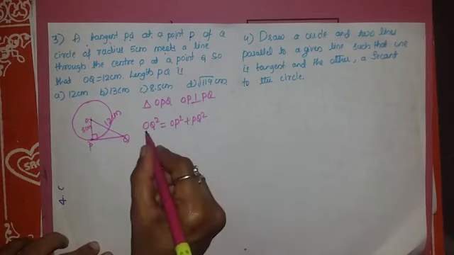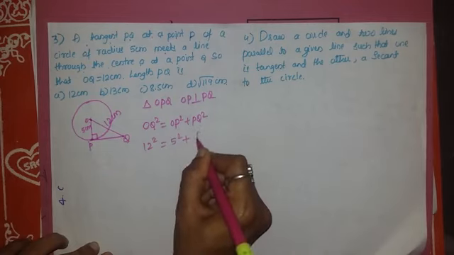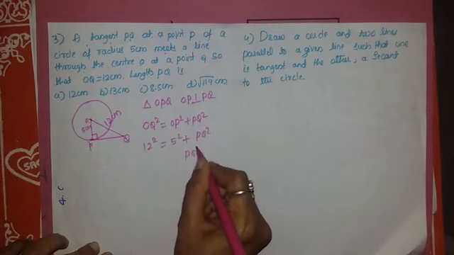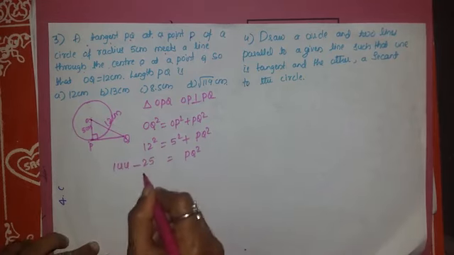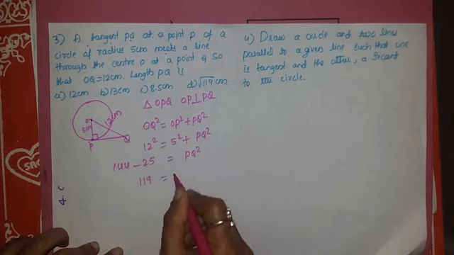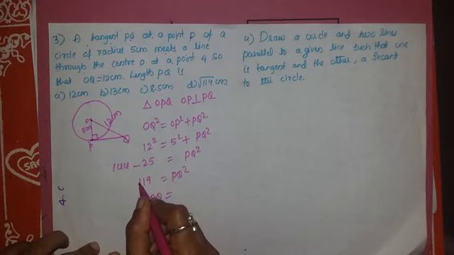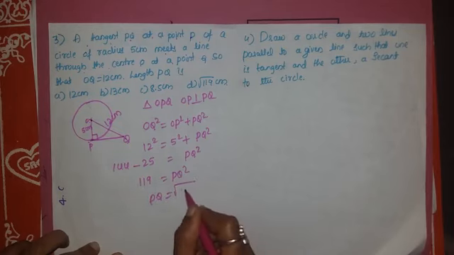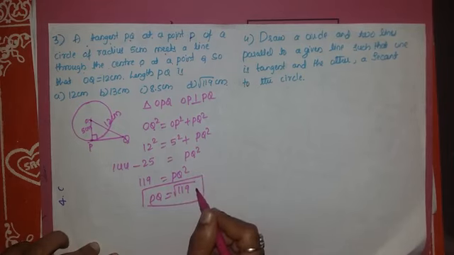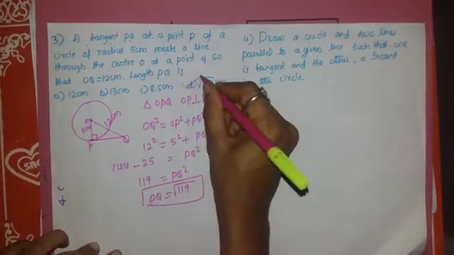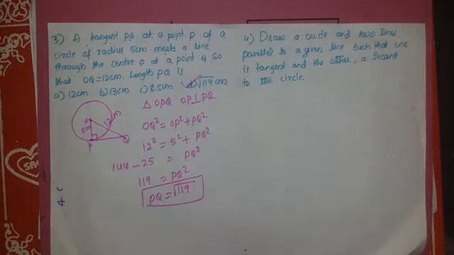OQ square is 12 square, OP is 5 square, and PQ we need to find. 12 square is 144 minus 5 square is 25, which equals 119, equals PQ square. So PQ is root 119. This is the length of PQ. So here we have option D, PQ is root 119.